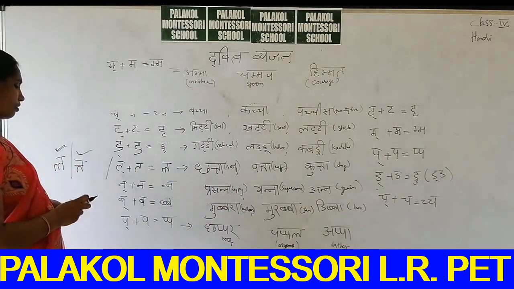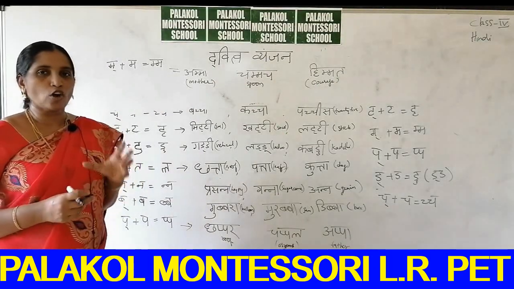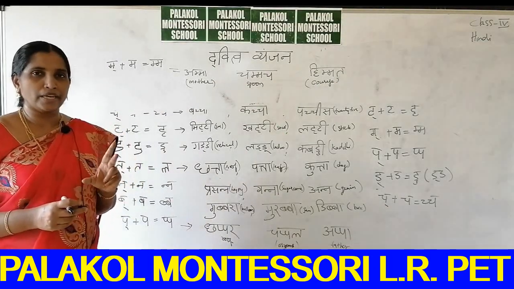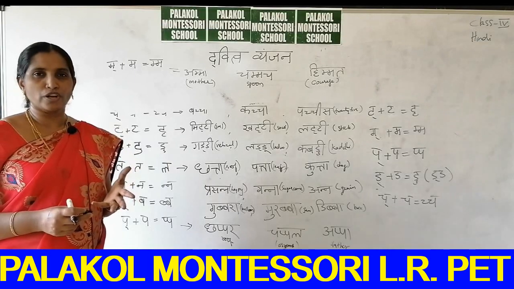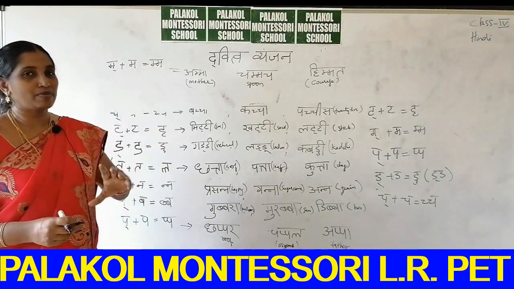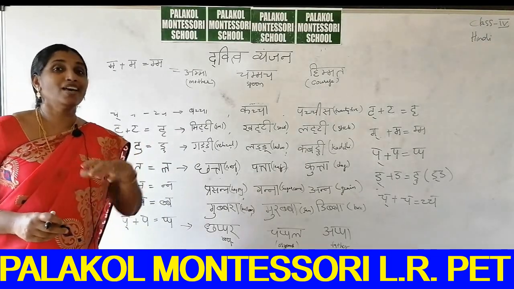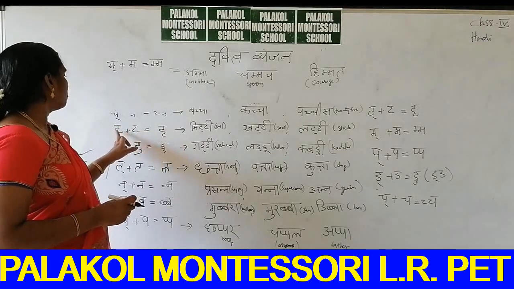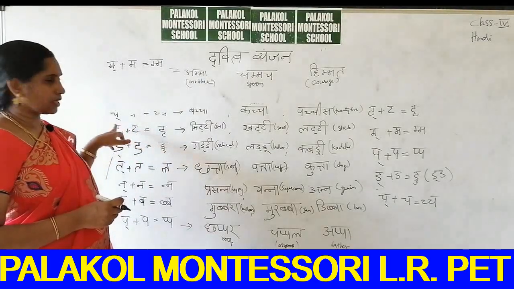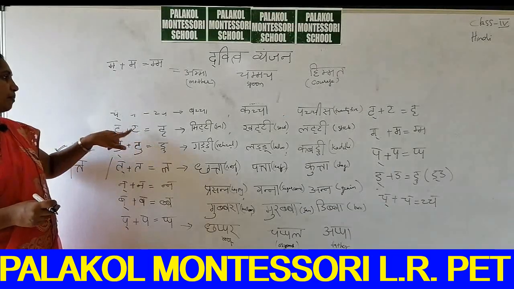Children, so these are the words. When you are pronouncing dual consonants, two consonants, one is a half consonant, another is a full consonant. When pronouncing it, you have to give more support to the second letter.